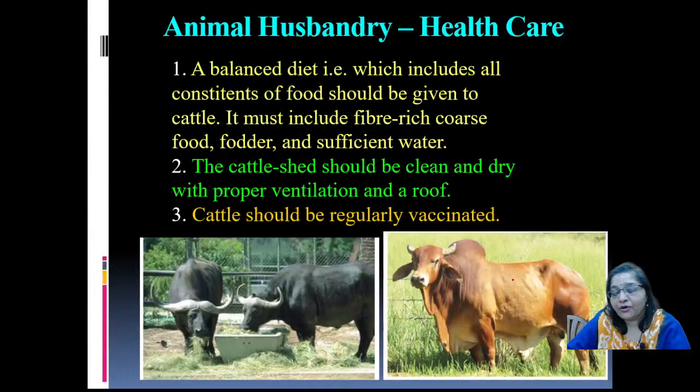Anyway, let us talk about how to take care of the cattle if you are dealing with animal husbandry.